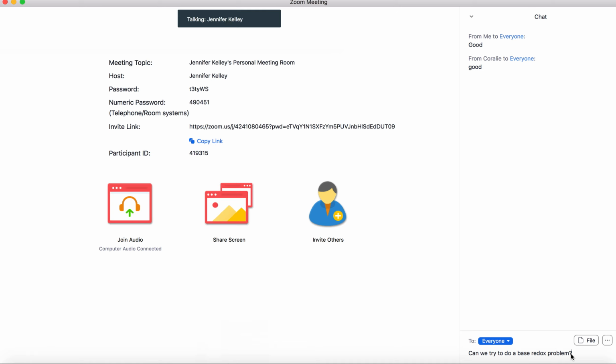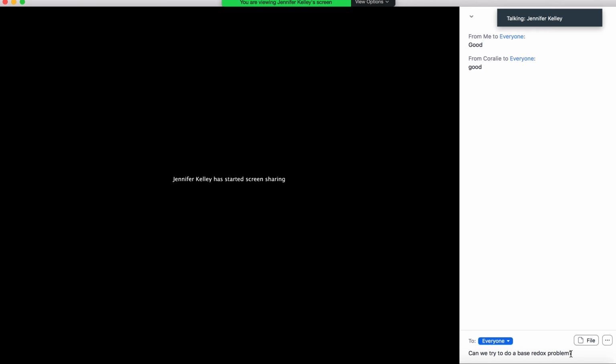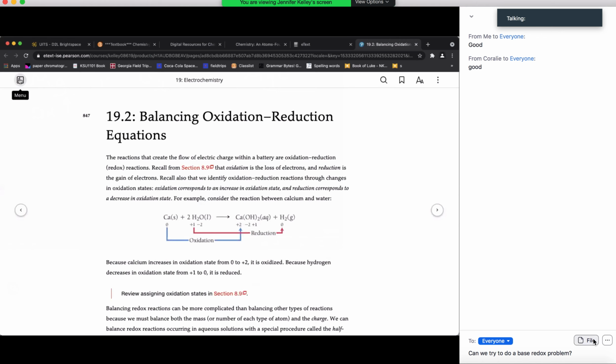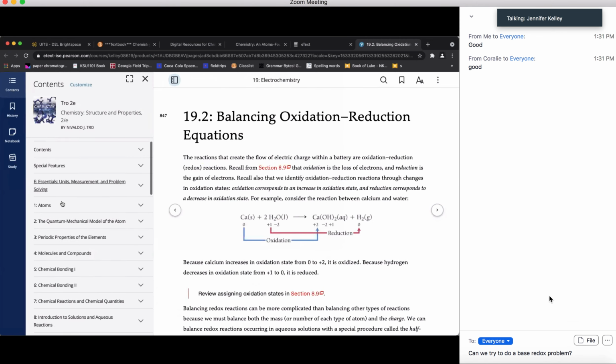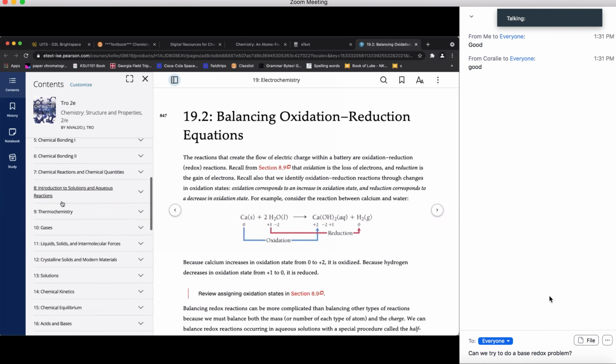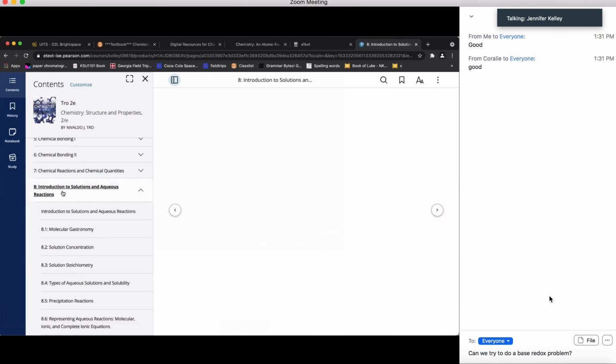Here, I'll share the page so that you are not just sitting there waiting. I think it would be this page. Okay. Let's go to solutions, maybe.